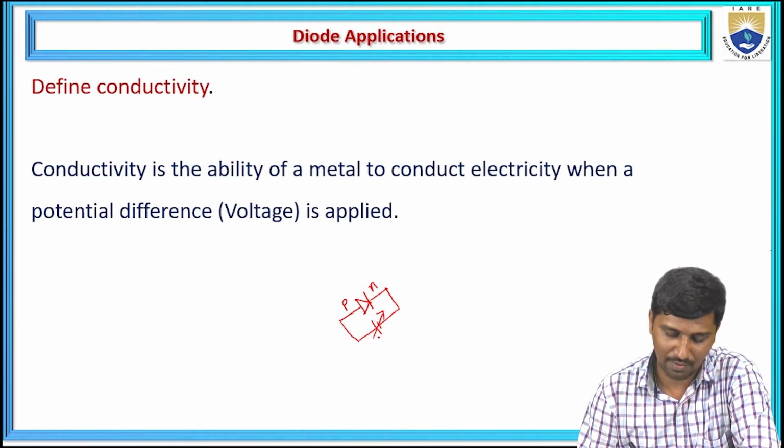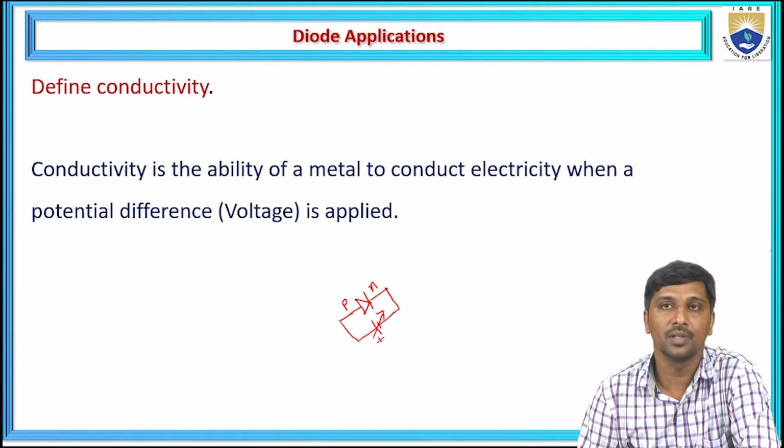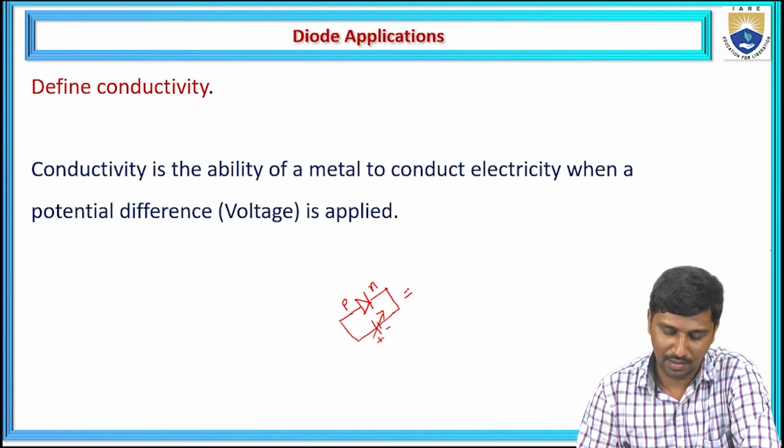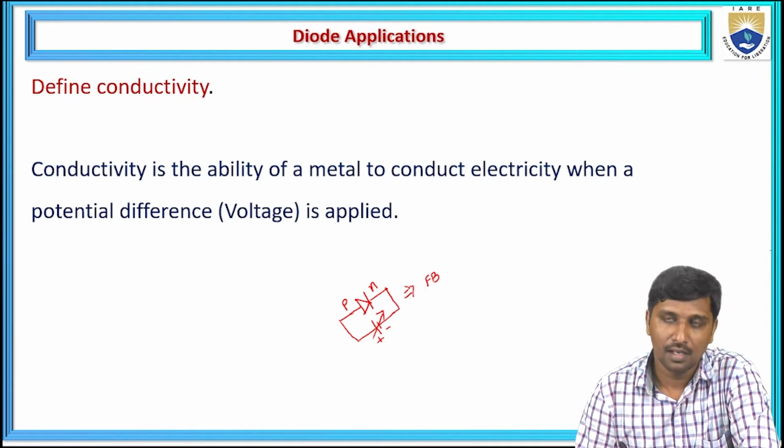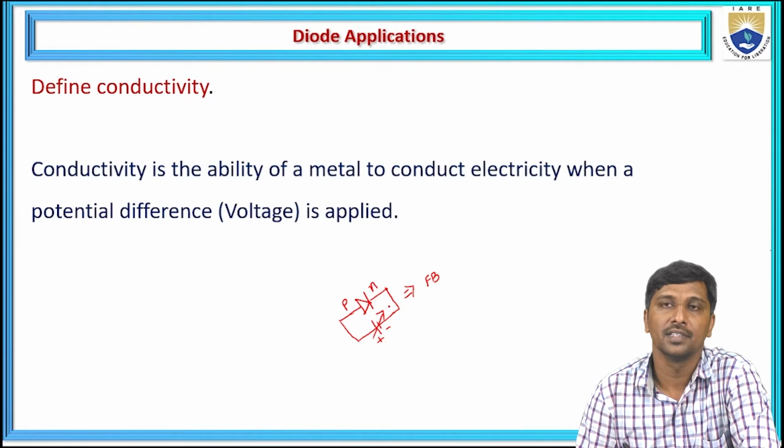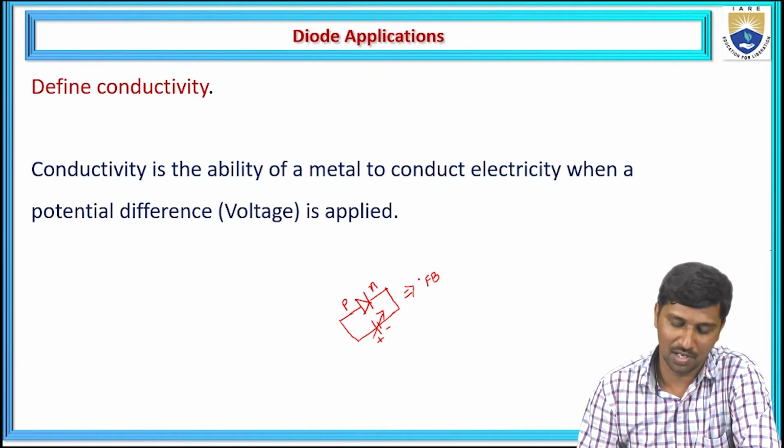Let us take, when the positive pole is connected to the P-type material and the negative pole is connected to the N-type material, then this junction acts as a forward bias. And we need to identify whether it allows the flow of charge across this device or not.